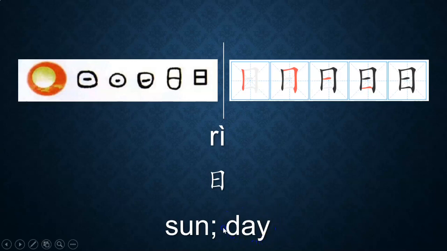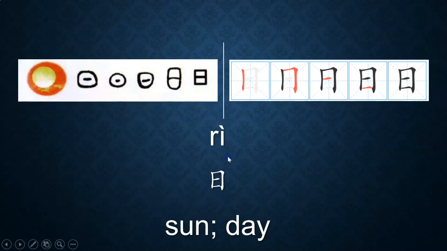So one day is when the sun goes up from the horizon till it goes down, and then until it rises up again from the horizon the next day, that is one big circle, one big cycle.